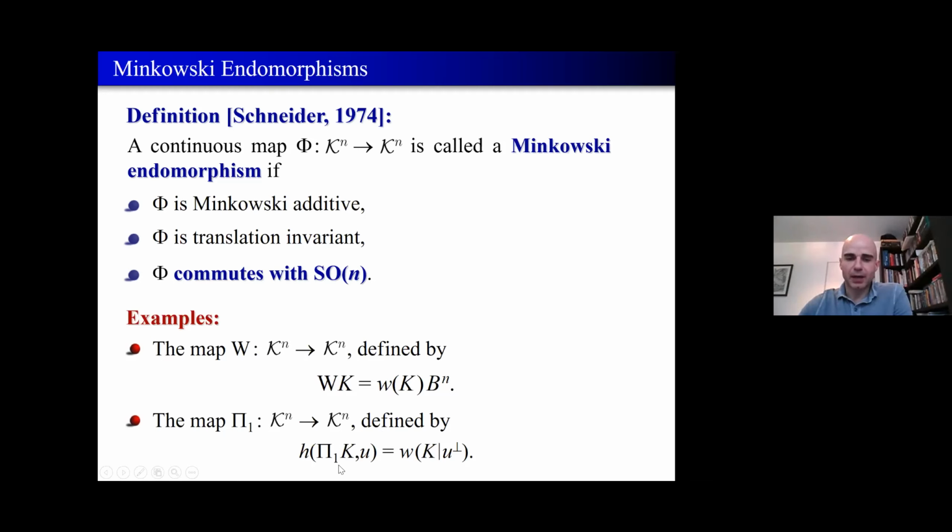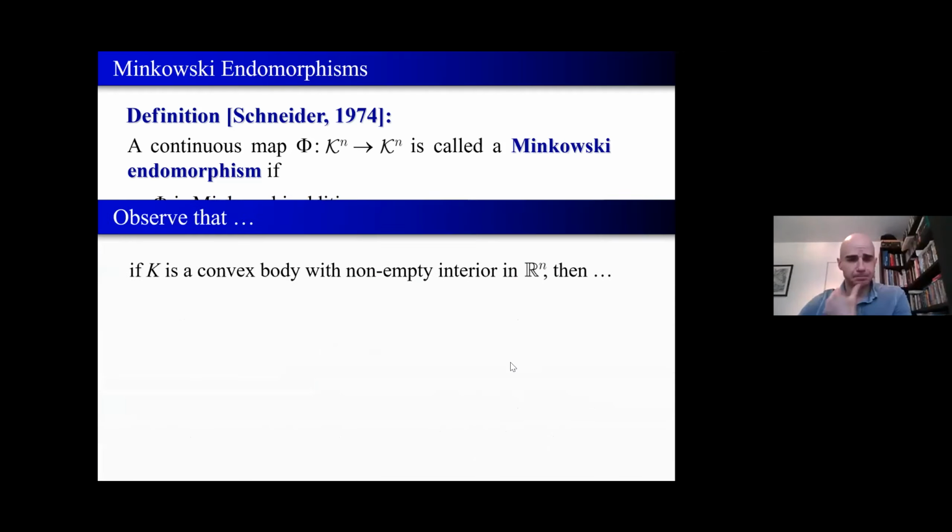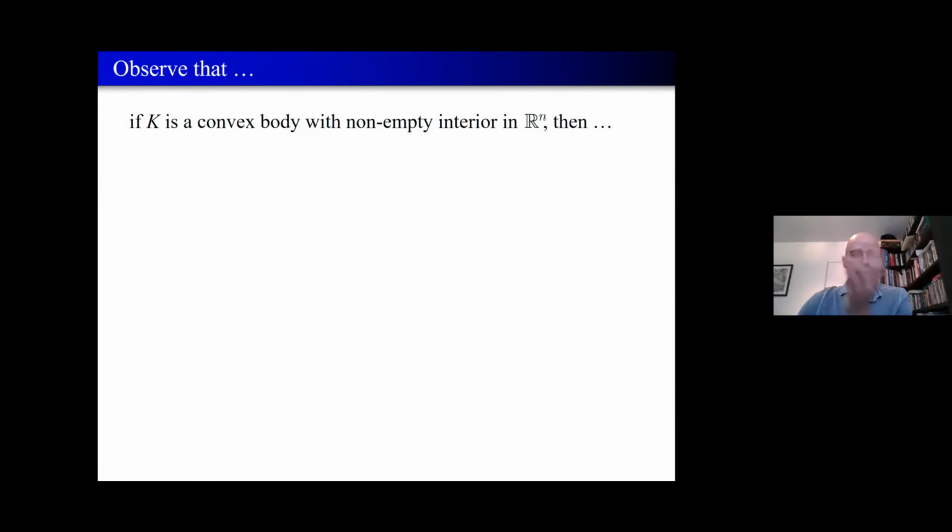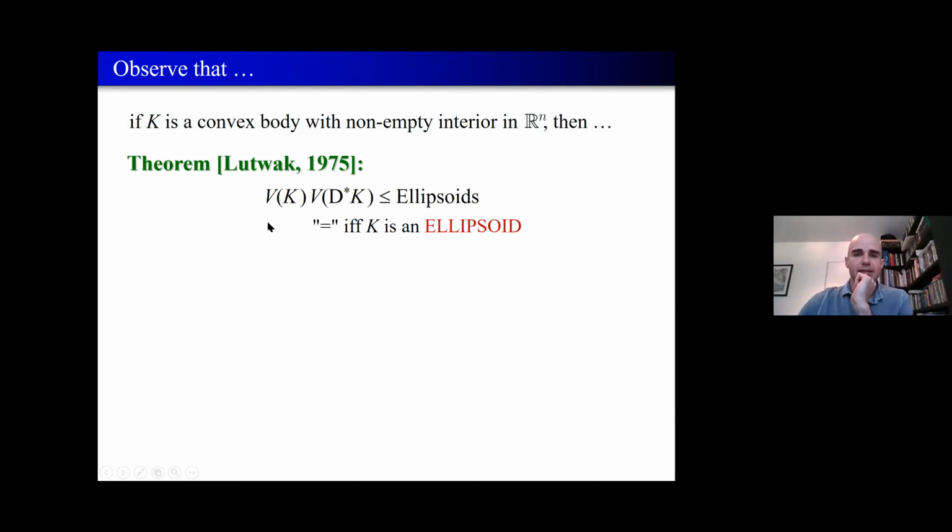So the support function of pi1 of K is now the mean width of K projected onto the hyperplane orthogonal to u. So this would also be a Minkowski endomorphism. As I said, there are many more examples, and the reason I chose this is the following. Let's assume we have a convex body with non-empty interior in Rn. Then we have already seen that the difference body map satisfies this Blaschke-Santaló type inequality proved by Ludwig.